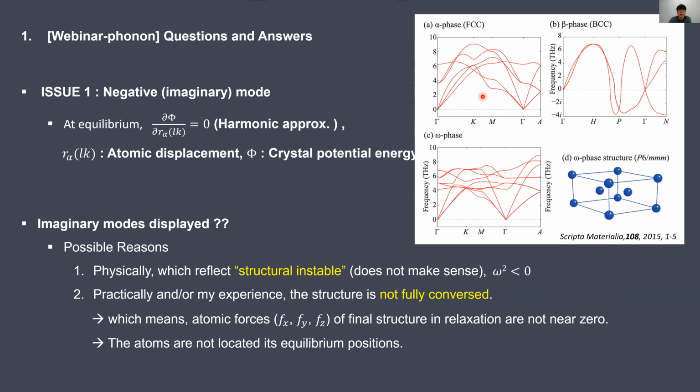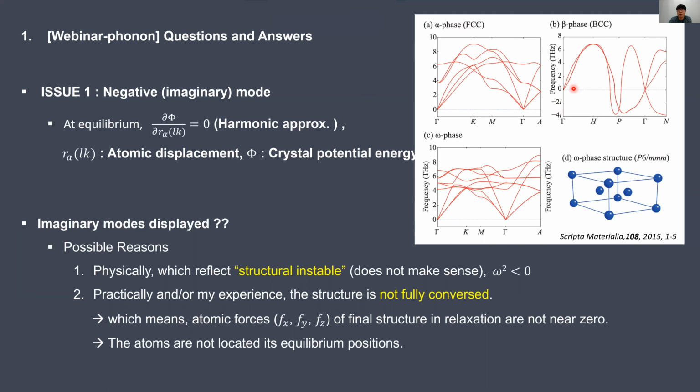I think this is tin. Alpha tin and omega tin have been known to be very stable structures. However, the beta phase BCC structure is very unstable. When you calculate the alpha, beta, and omega phases using phonon calculations, you get no negative mode in the alpha and omega cases.